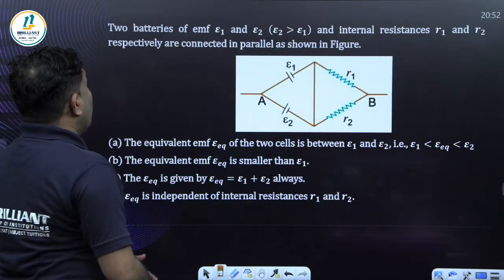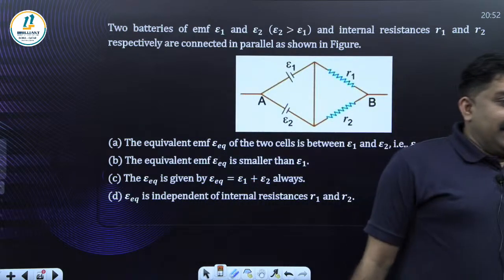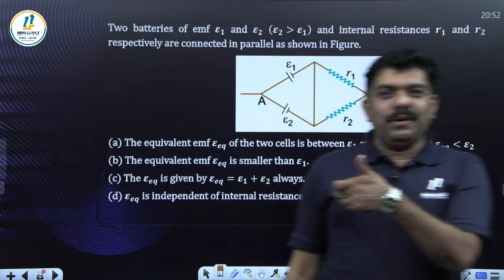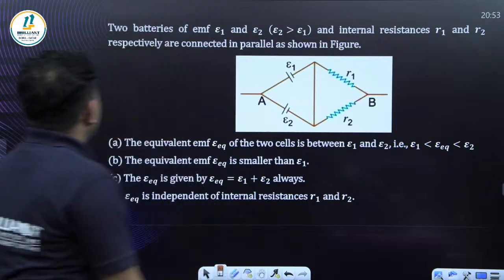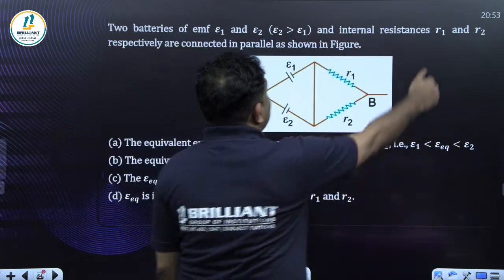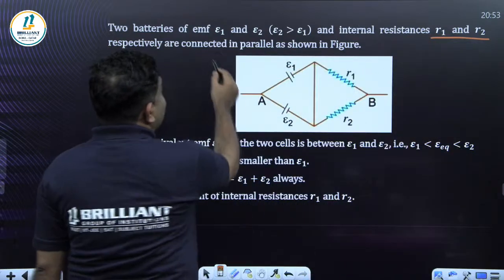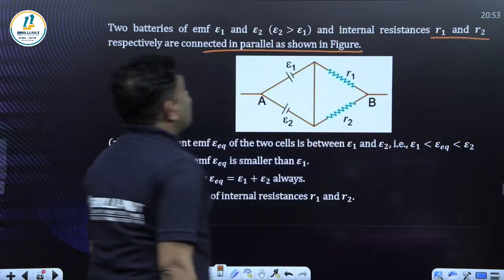Next one. Two batteries of EMF E1 and E2, and internal resistance R1 and R2 respectively, are connected in parallel as shown in the figure.